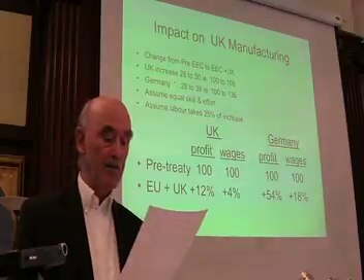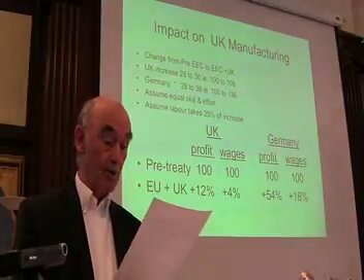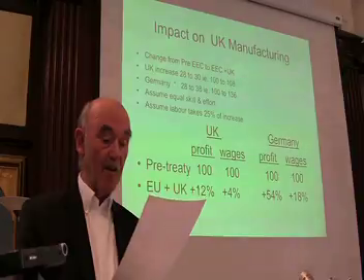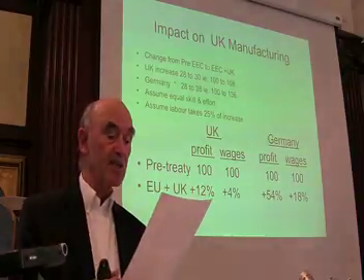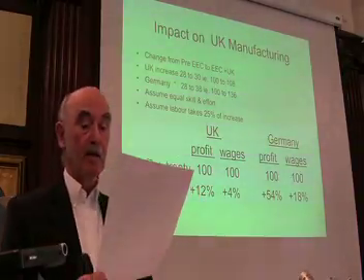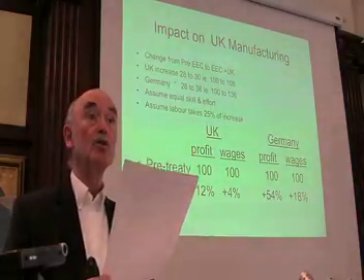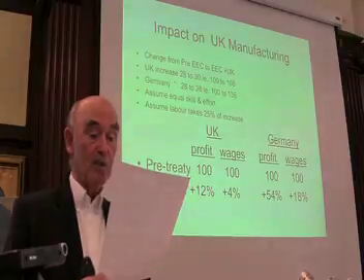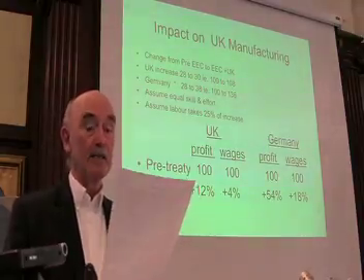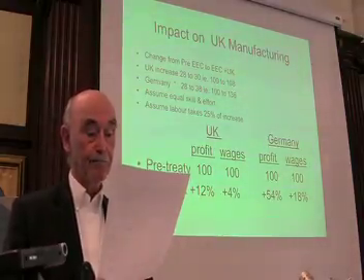Assuming costs are 50% and constant, and labour takes 25%, then the increase in profit and wages in the UK will have gone up by 12% and 4%, whilst in Germany, corresponding increases are 54% and 18%.